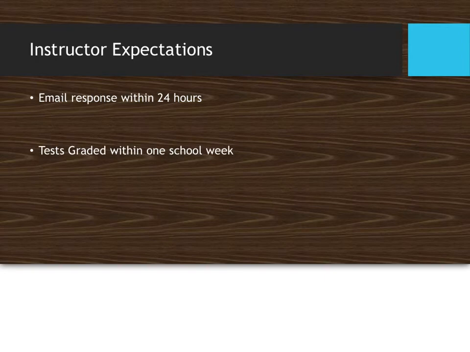I don't see any problem, unless obviously there's some crazy emergency and I break my leg or something like that. But yes, within one school week, everything should be graded. It's within one school week from the due date. So if you turned in things 2 weeks early, that doesn't mean 1 week from the date you turned it in. It means 1 week from the due date.